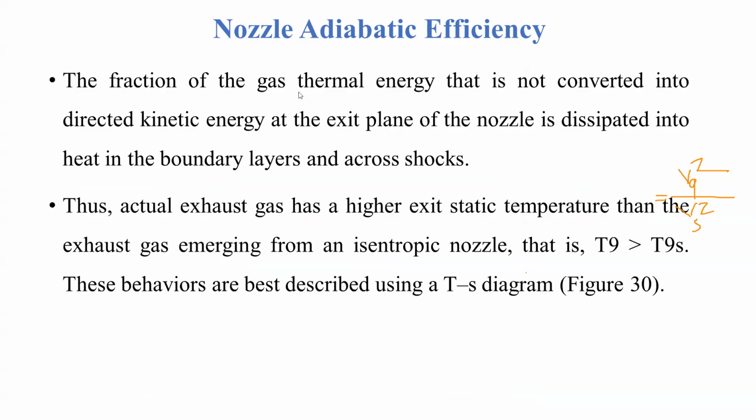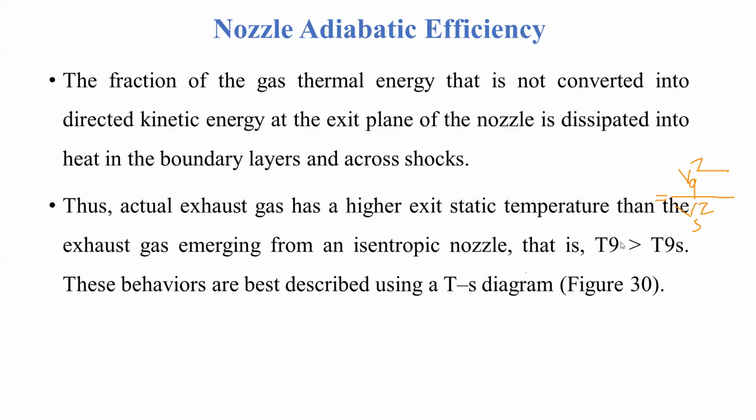Now, the fraction of the gas thermal energy that is not converted into direct kinetic energy at the exit plane of the nozzle is dissipated into heat, boundary layers and across the shock. The actual exhaust gas has a higher exit static temperature than the exhaust gas emerging from the isentropic nozzle.